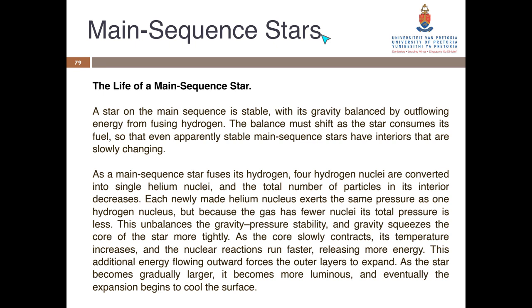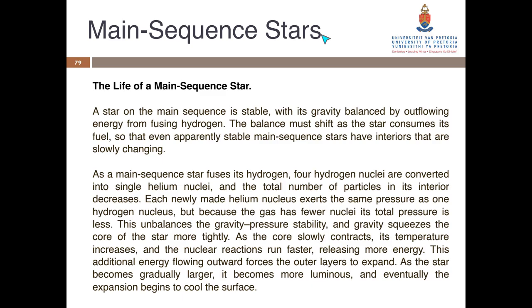This unbalances the gravity-pressure stability, and gravity squeezes the core of the star more tightly. As the core slowly contracts, its temperature increases and the nuclear reaction runs faster, releasing more energy. This additional energy flowing outward forces the outer layers to expand.